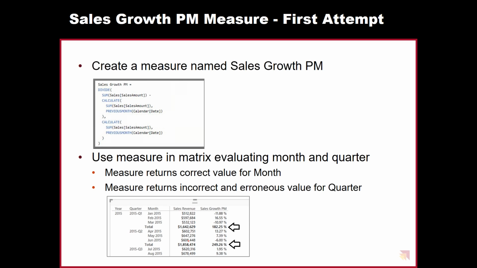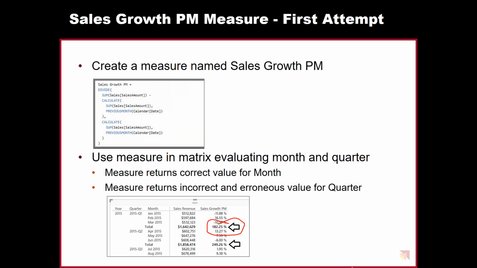That all works great. Okay, now what's the problem? The problem is, what would happen if you put that on a visual, and that visual then has a particular cell that's not evaluated at the month level, but evaluated at the quarter level?